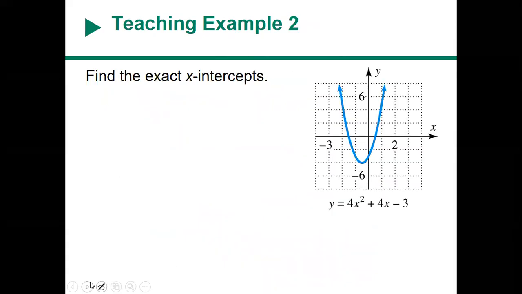All right, solving graphically. So solving graphically may be like, oh yeah, I'm going to just graph this and look at the x-intercepts. Well, what happens when you do that sometimes? Are they exact? Nope. Darn it. That didn't work.